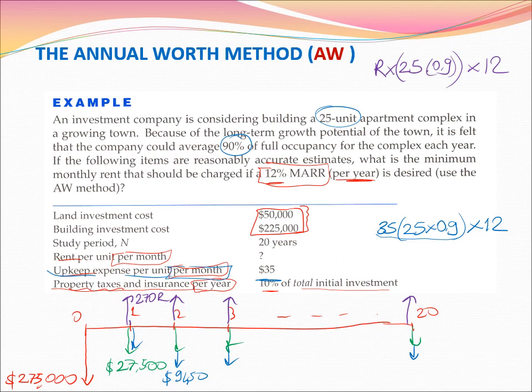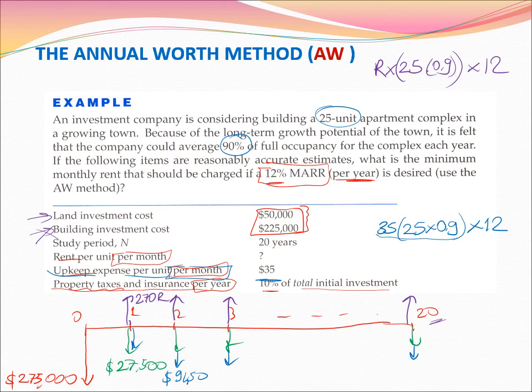Okay, what happens at the end of the 20 years? Initially we bought this land and we built the apartment complex. So in this question, although it's not mentioned, we assume that the apartment complex will not be useful after 20 years. So you will not be able to use it, you will just demolish it.